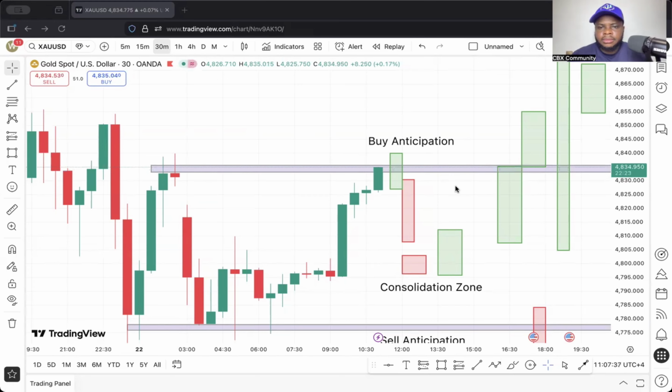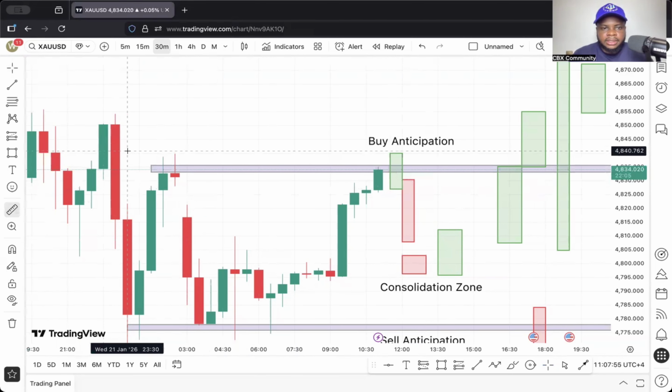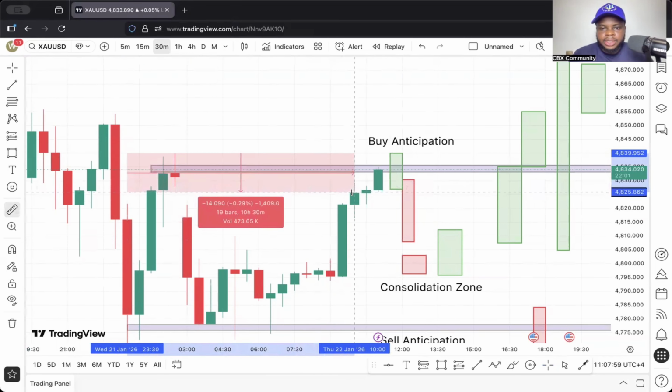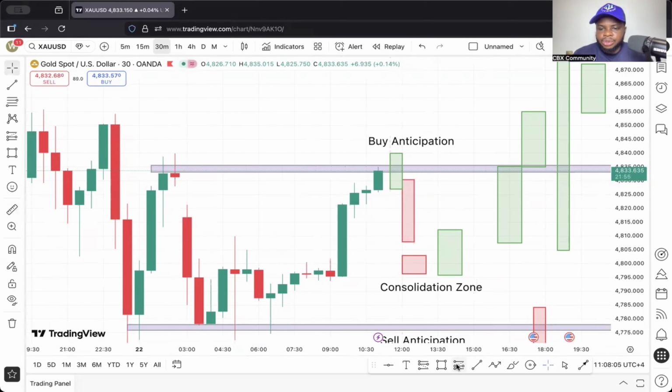The moment this candle breaks the high of this bearish candle over here, let's see. But you guys need to know that from the high to the low of this same candle, you're looking at 140 pips. So what you guys need to do, let me show you guys.